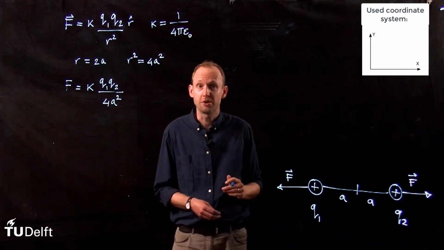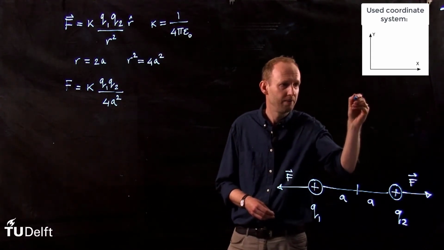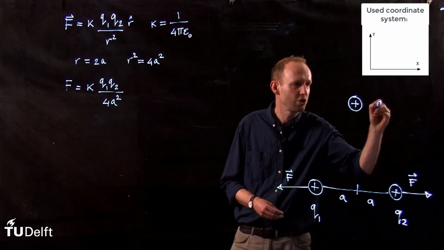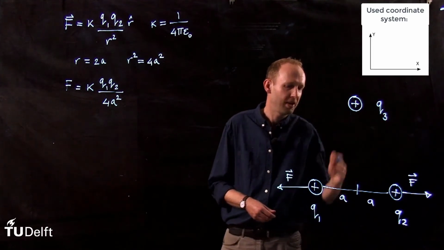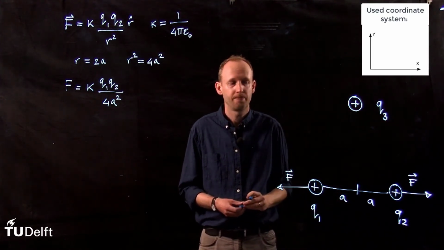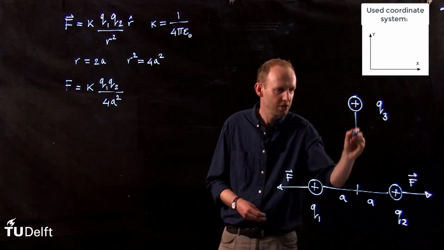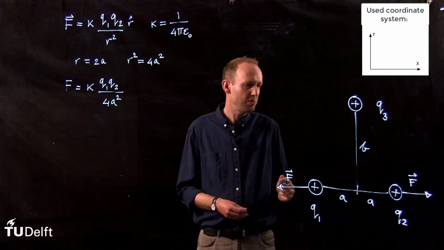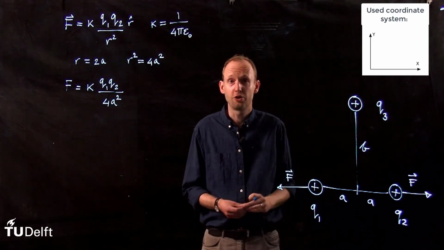Now things become interesting. I add a third droplet up here. And here we will choose a charge Q3. But again, the charges are equally large. The vertical separation I call B. And in this situation there will be two forces acting on the top droplet.